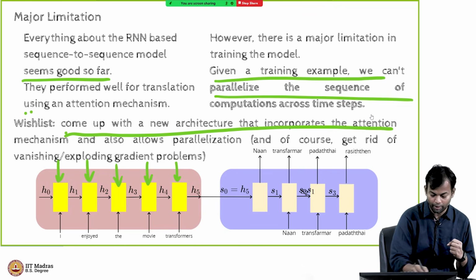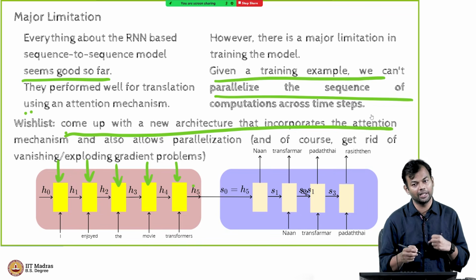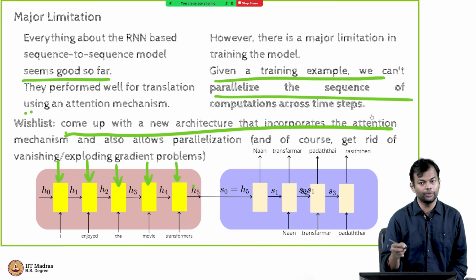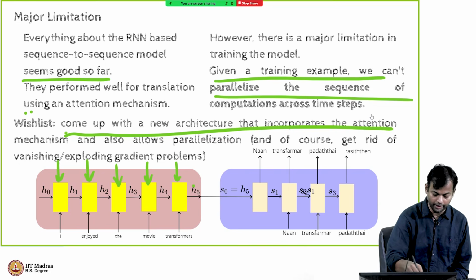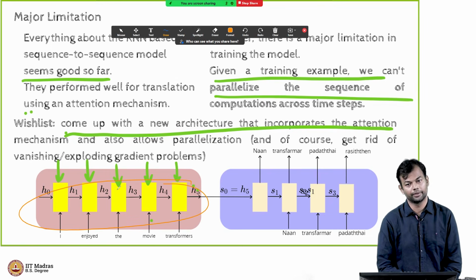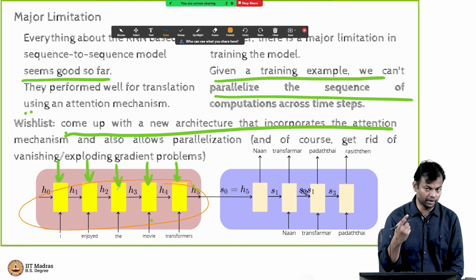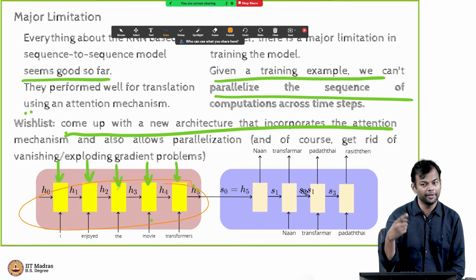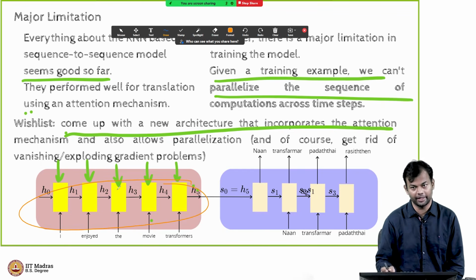We also don't have a problem with the basic idea of recurrence, because recurrence allows us to compute contextual representations. This is fine, but we have a problem with the computational cost which comes with recurrence. That's the problem that we want to solve.